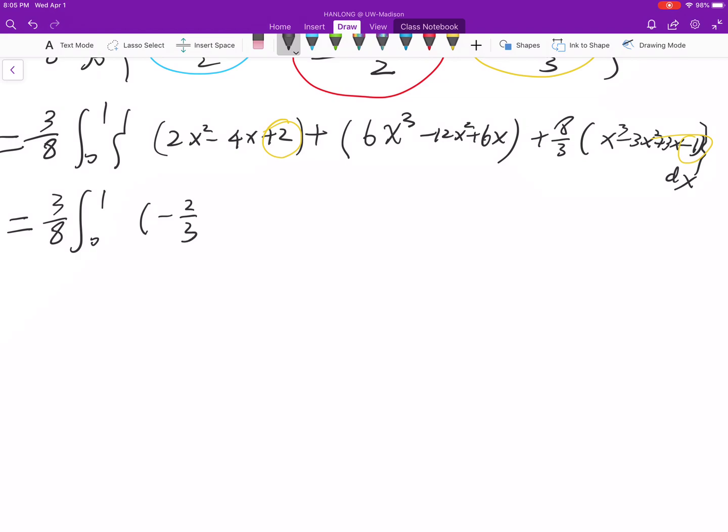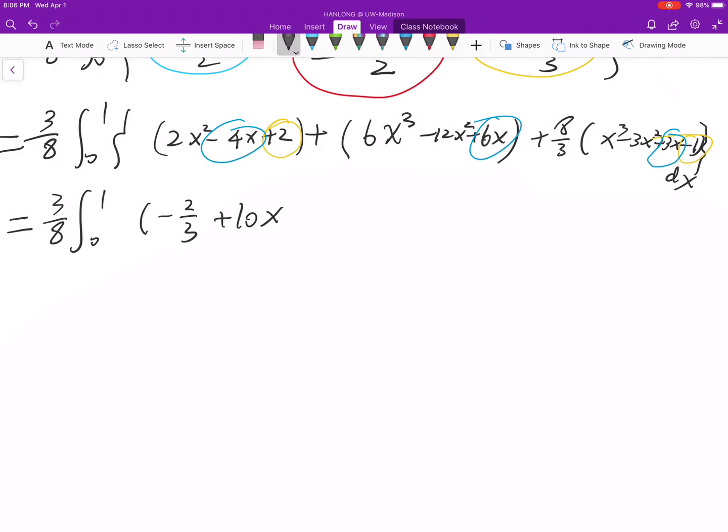negative 2 over 3. And then for the linear order terms, minus 4 plus 6 plus 3 times 8 over 3, so plus 8. Okay, 8 plus 6 minus 4, so plus 10.